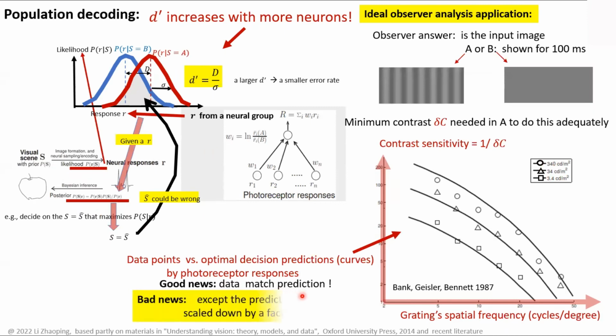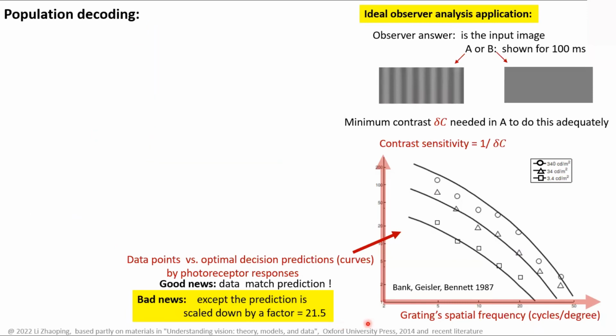Here's the bad news: the prediction from the optimal decision has to be scaled down by a factor of 21.5. That means we are doing much, much worse than what our retinal neurons would enable us to do if we were ideal decision-making machines. Interesting, huh?